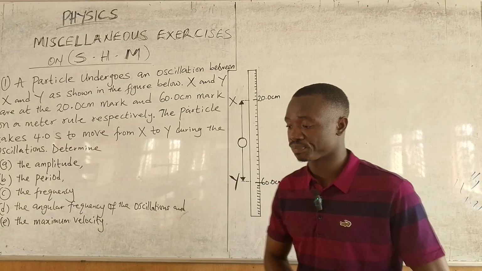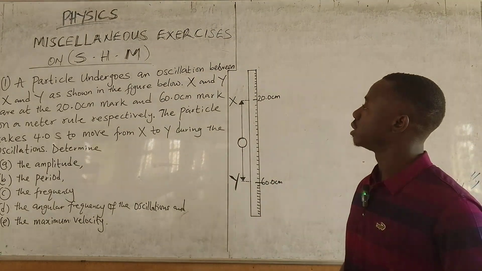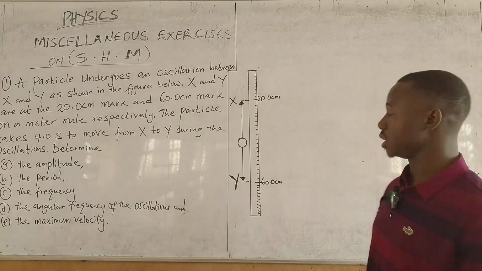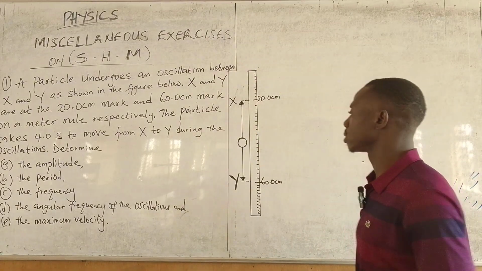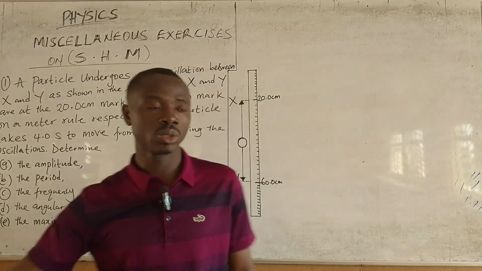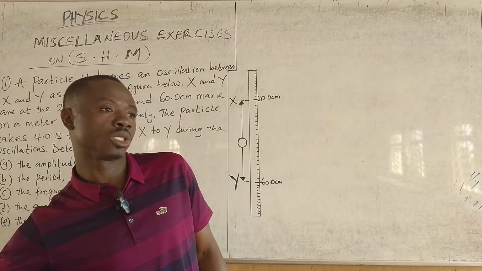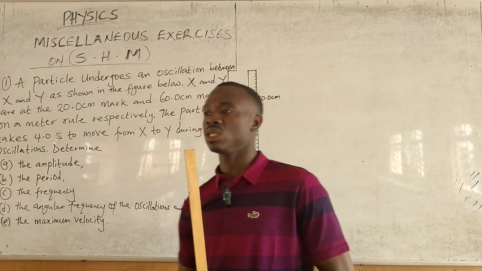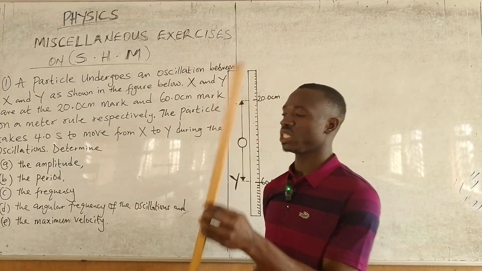Determine A, the amplitude, B, the period, C, the frequency, D, the angular frequency of the oscillations, and E, the maximum velocity. Okay, so let's look at the diagram critically. This is a meter rule, and as we all know, a meter rule is supposed to be 1 meter long. That is why they call it meter rule, meaning a meter.